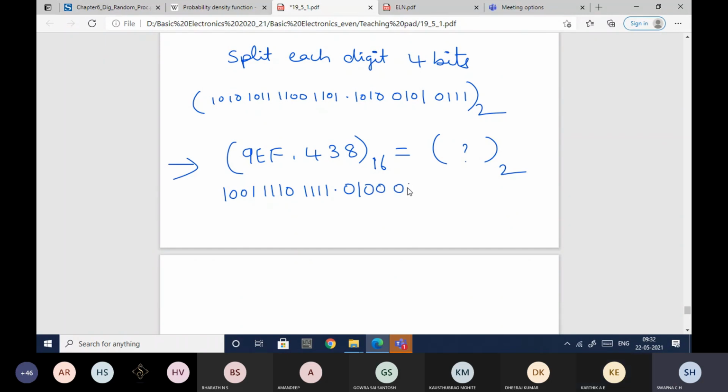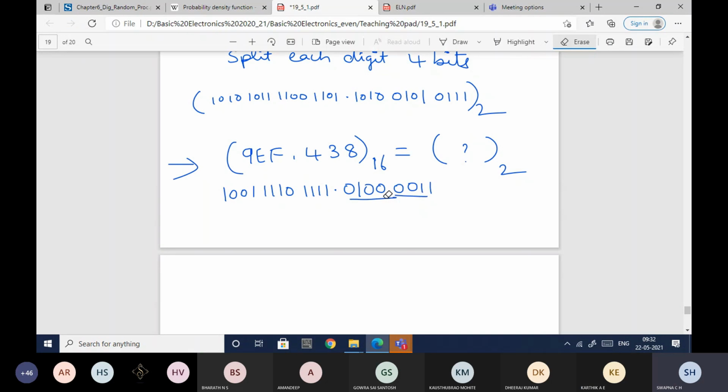No, 4 bits. 0011, 4 bits. Make sure that you write 4 bits. 4 bits representation is compulsory. Each digit has to be split into 4 bits. Don't write 011.